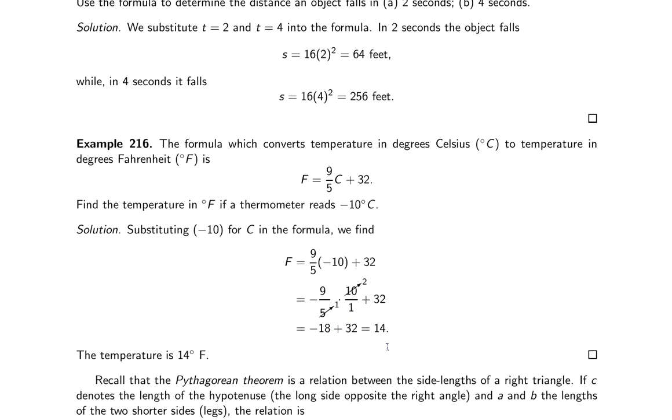We just worked out that negative 10 degrees Celsius is 14 degrees Fahrenheit. This is the same temperature, just measured differently. You get different numbers in the Celsius scale than in the Fahrenheit scale.